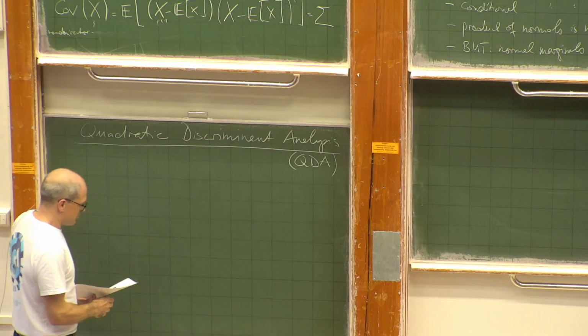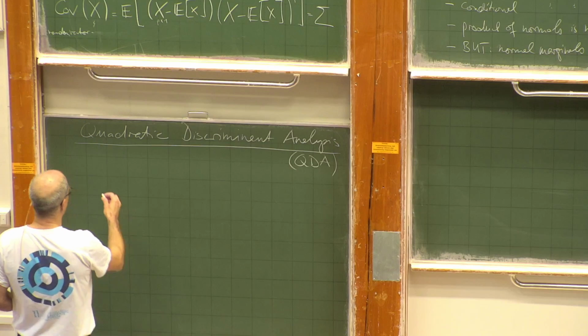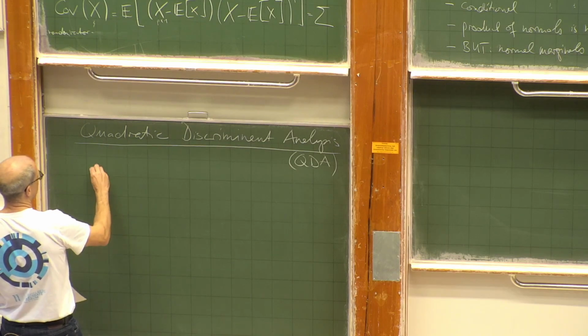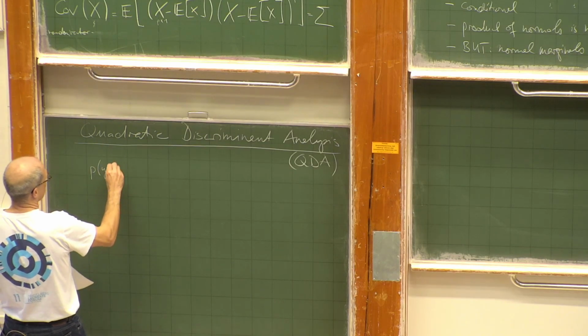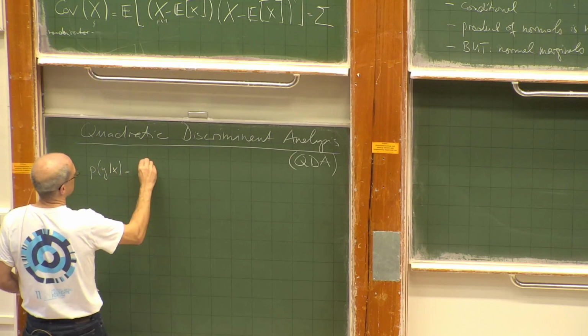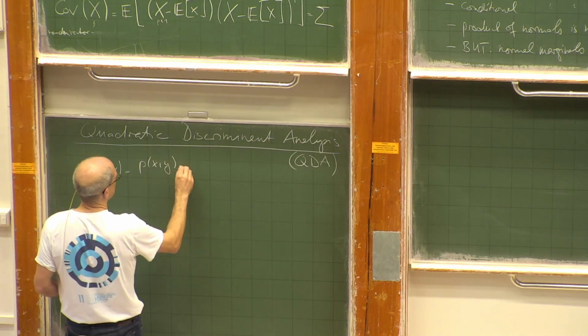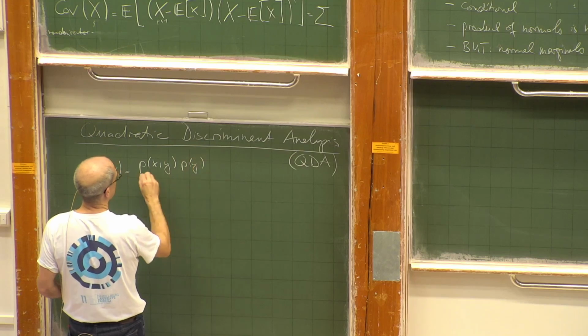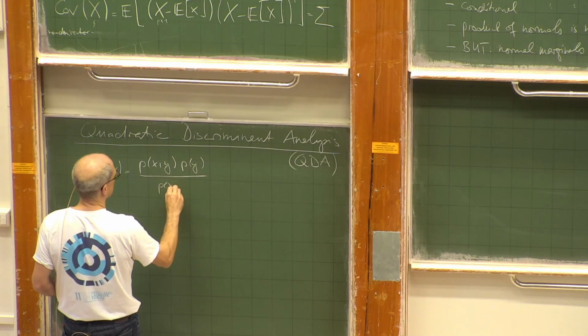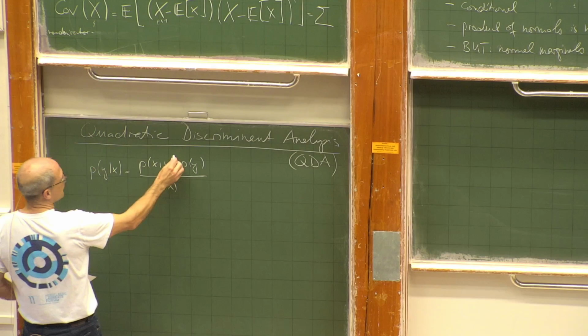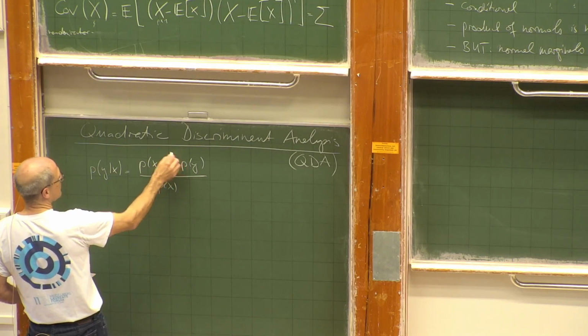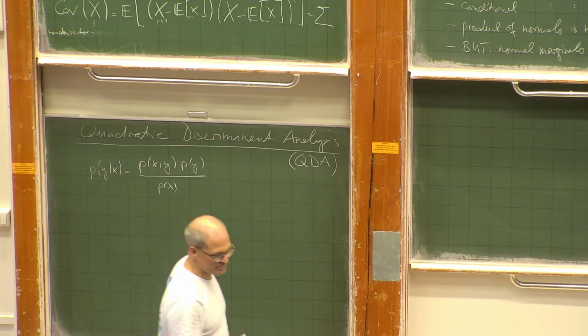And the argument goes as follows. So we take this term here, which is the class density.